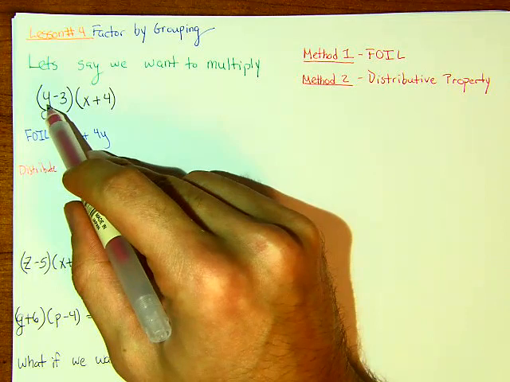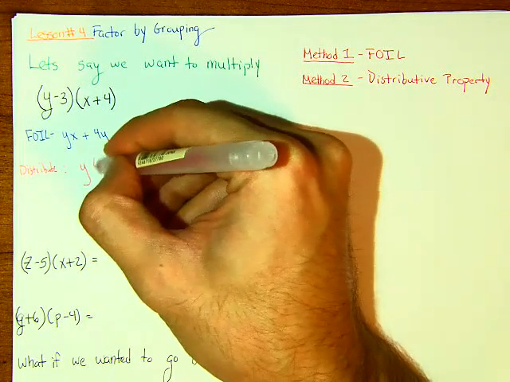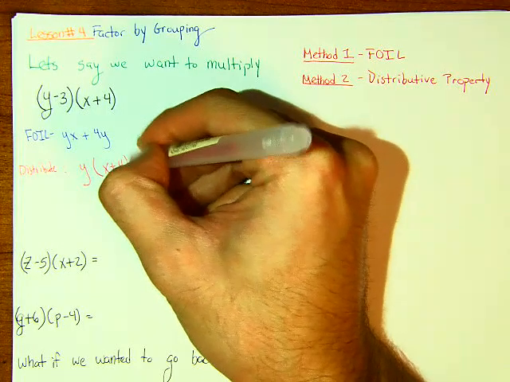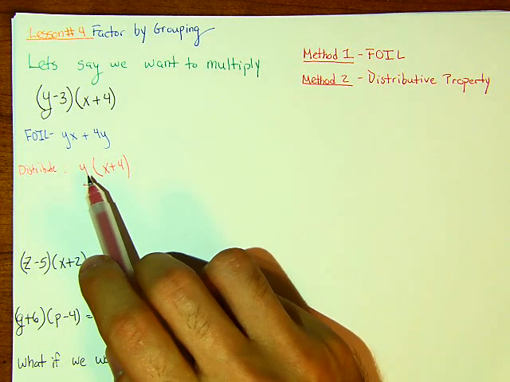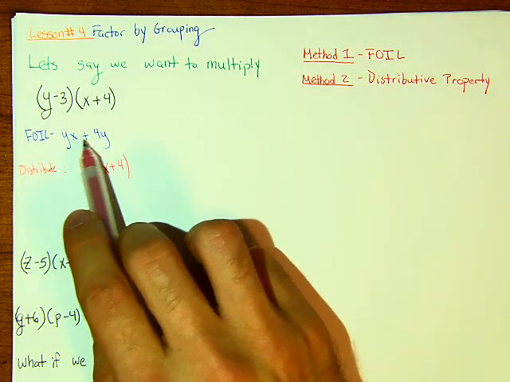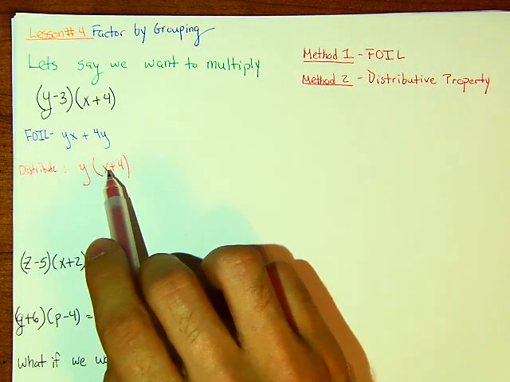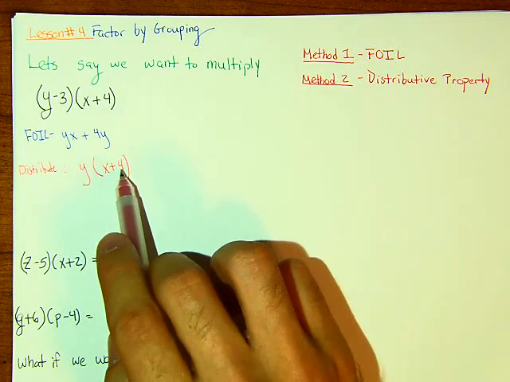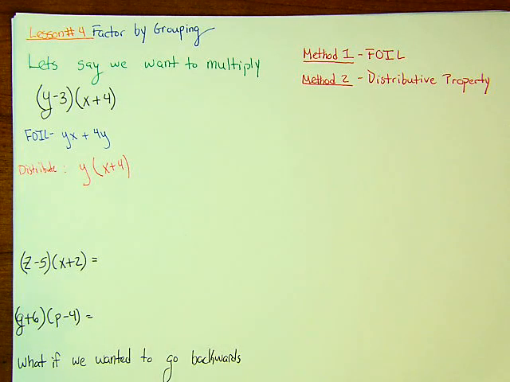So it would be y times (x plus 4). And if you think about it for a second, this yx plus 4y also has to equal this, which it does. y times x is yx, and y times 4 is 4y. So far so good.